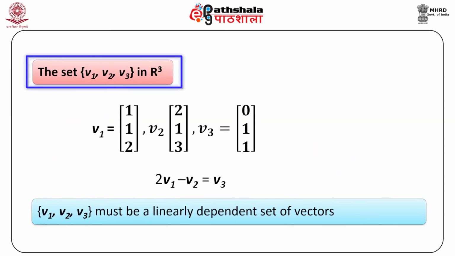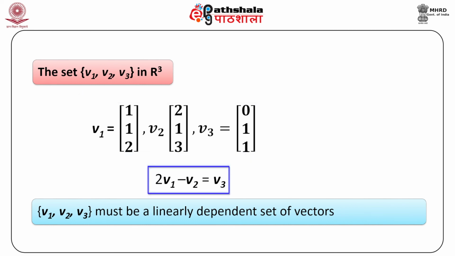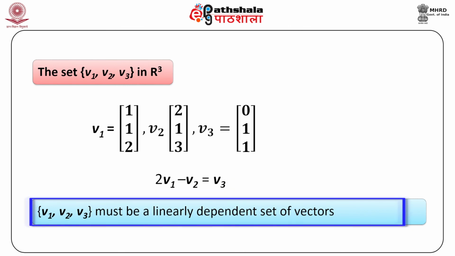Example: consider the set v1, v2, v3 in R cubed, where v1 = (1, 1, 2), v2 = (2, 1, 3), v3 = (0, 1, 1). Clearly, 2v1 minus v2 is equal to v3. Therefore, v1, v2, v3 must be a linearly dependent set of vectors.